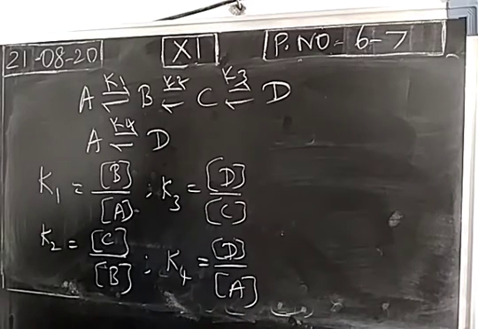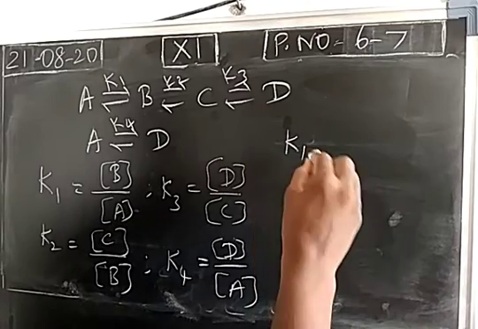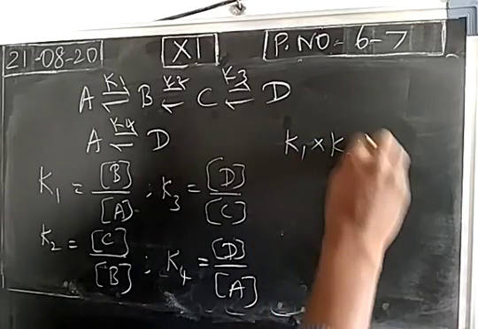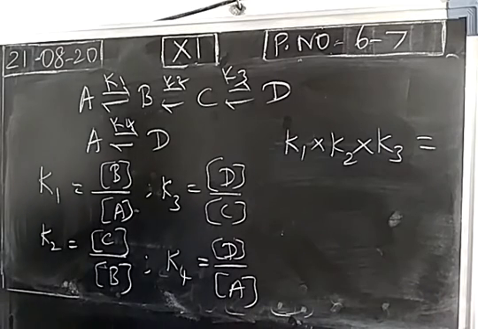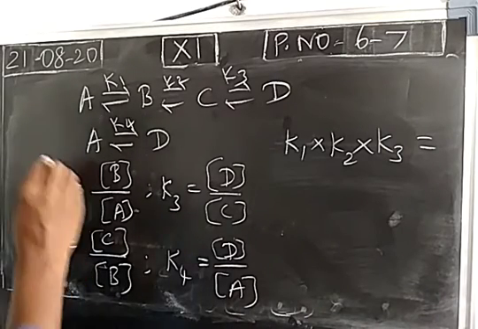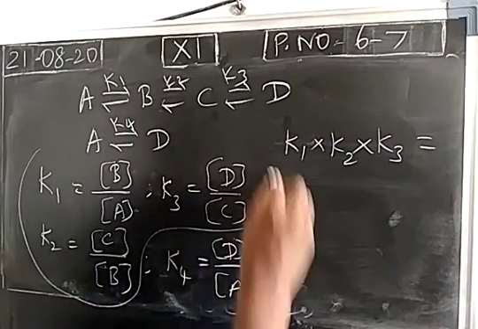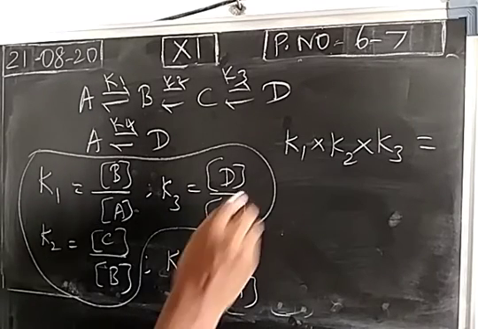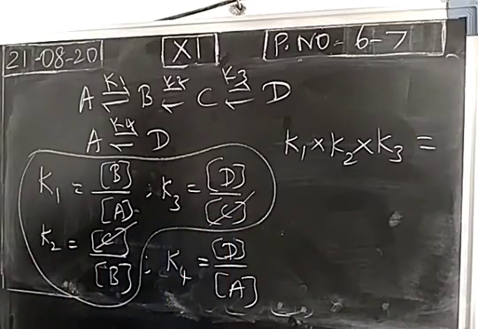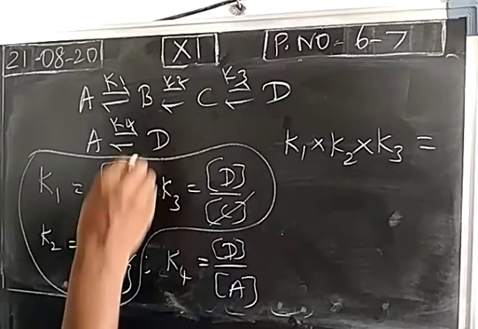Now what is the relationship? Just multiply K1, K2, K3. When you multiply these three, which will be cancelled? C and C will be cancelled, B and B will be cancelled.